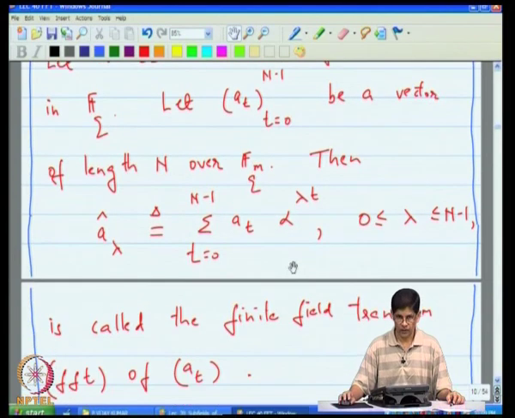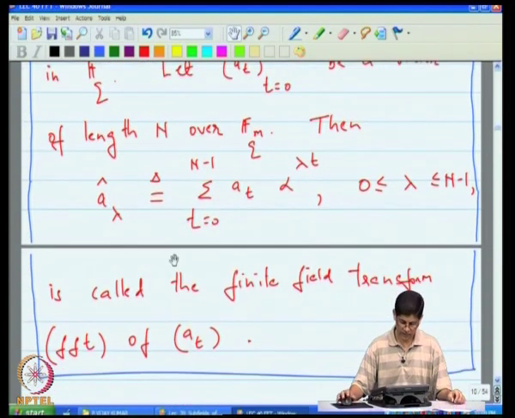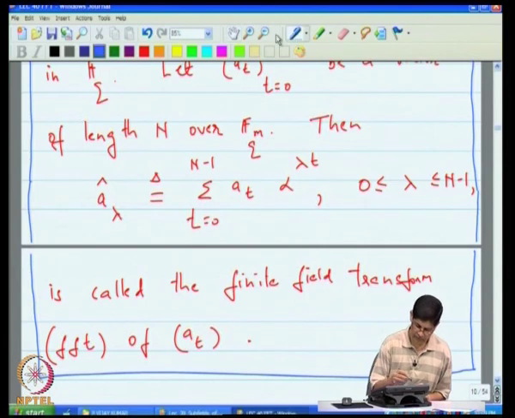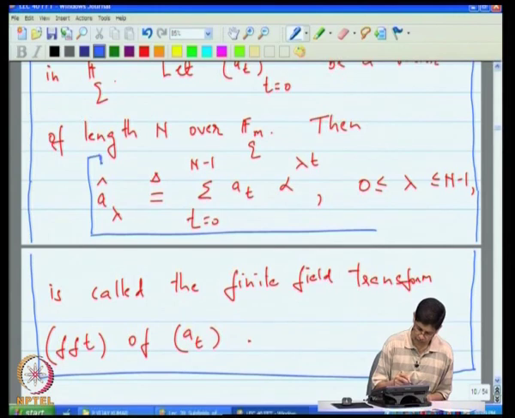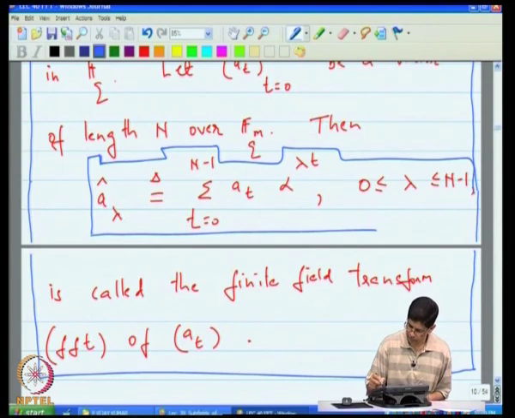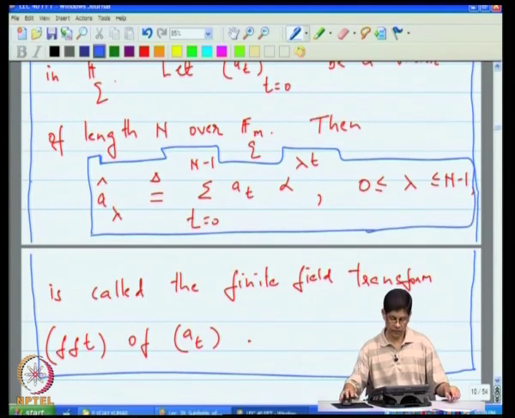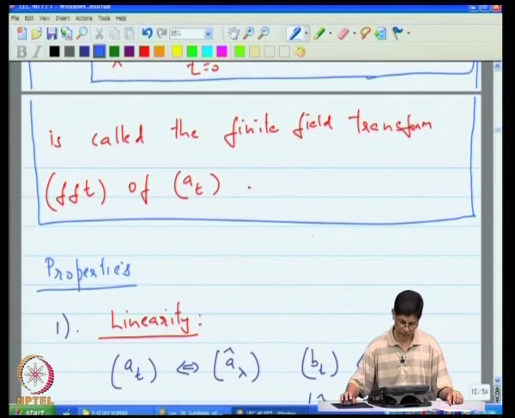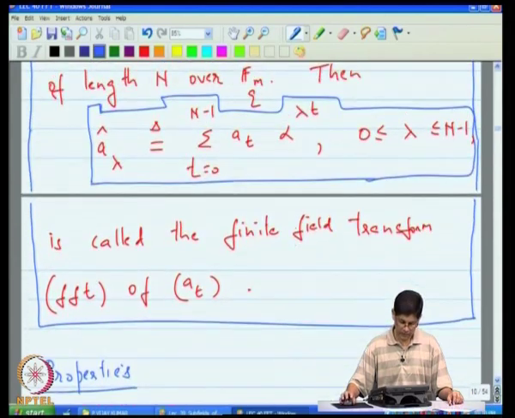So, the finite field transform is defined according to this expression, and we will be working with this expression many times in the course of this lecture.